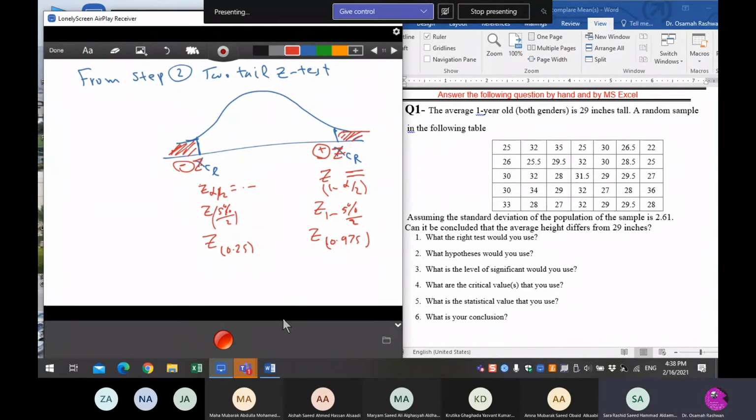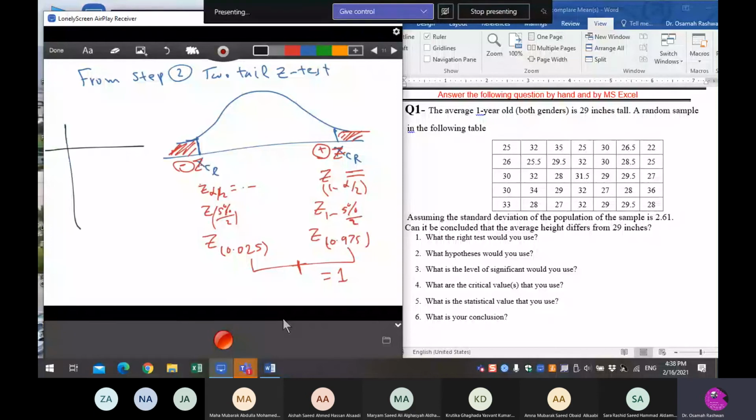No, 0.25 is wrong. You know why I know it is wrong? Because if you add this one to this one, you should have 1, right?